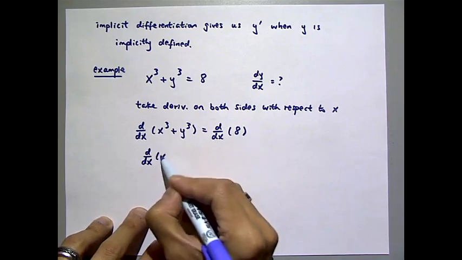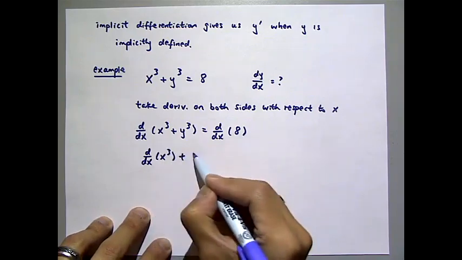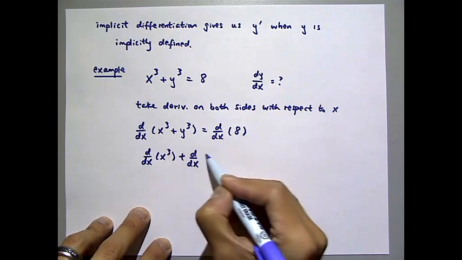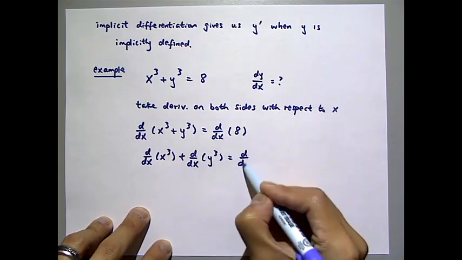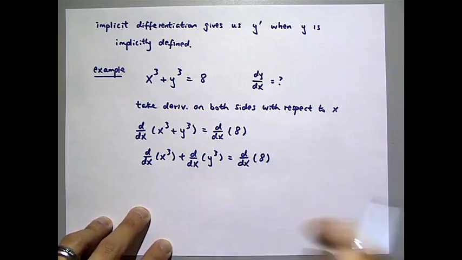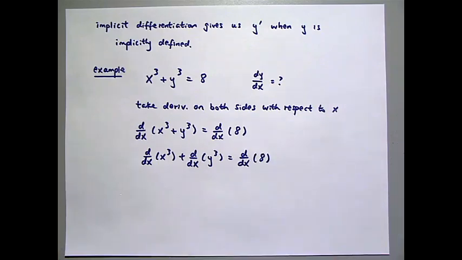The left side could be further split. The right side is not a problem. We know how to handle that. It's an 8, so the derivative is 0. So we don't have to worry about that.